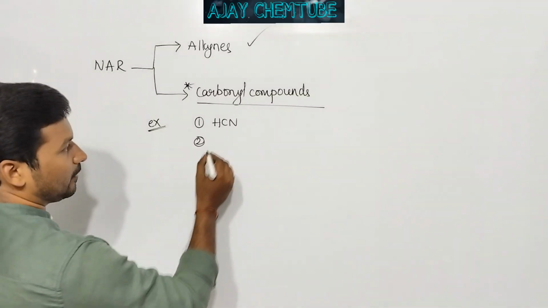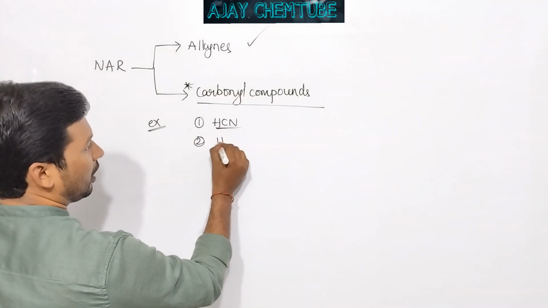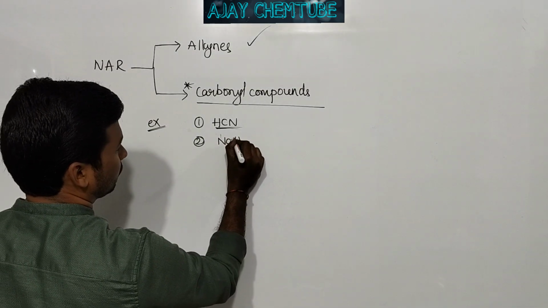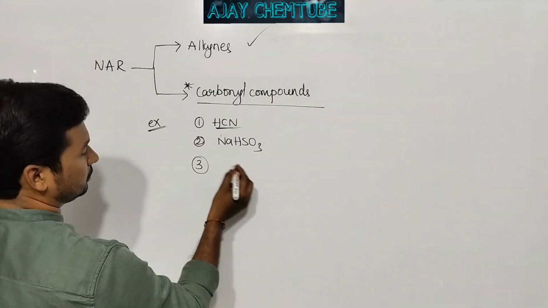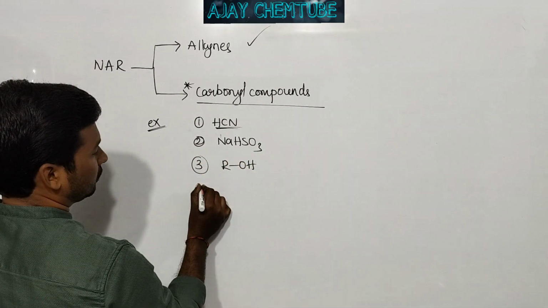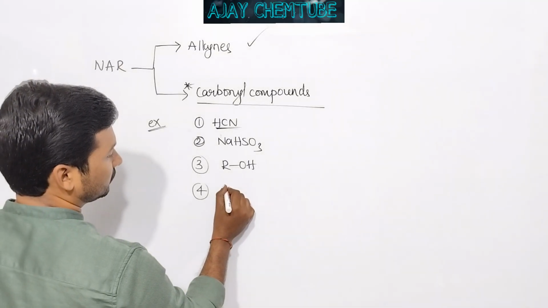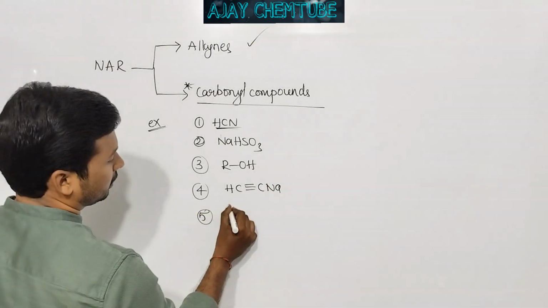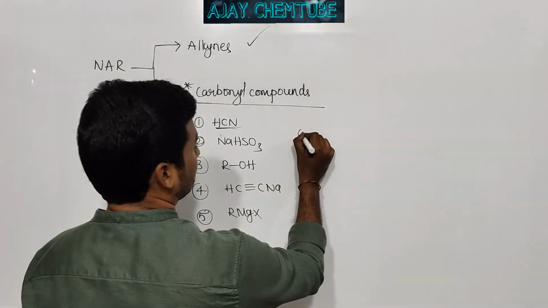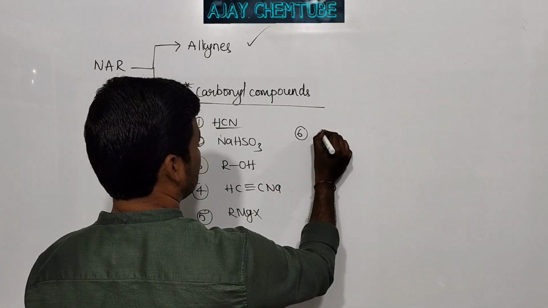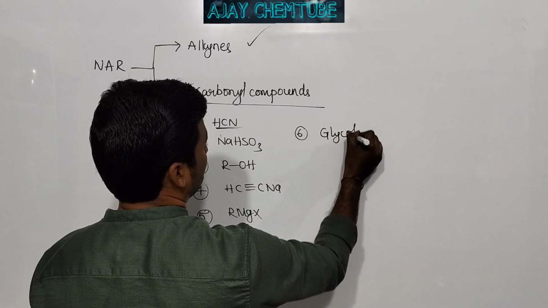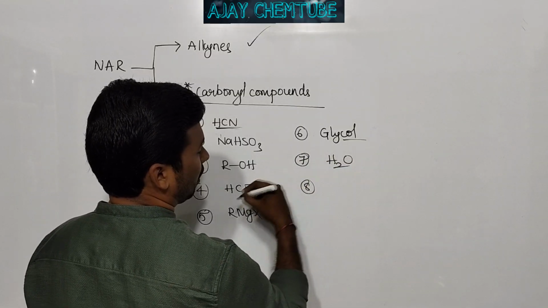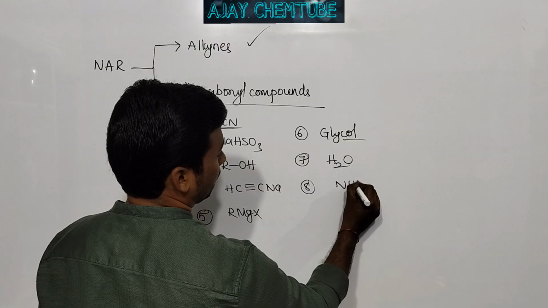That is nucleophilic addition of hydrogen cyanide and sodium bisulfite, NaHSO3, and next addition of alcohol and addition of sodium acetylide, next addition of Grignard reagent, next addition of water or glycol, 1,2 dialcohols, next addition of water, and next addition of ammonia derivatives, NH3 derivatives.